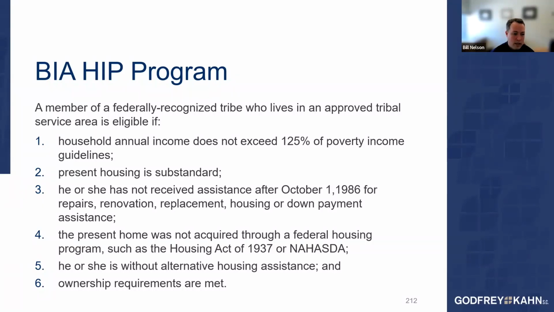He or she has not received assistance after a specific date for repairs, renovation, replacement housing, or down payment assistance. The present home was not acquired through a previous housing initiative program, and you're without any alternative housing assistance, and the ownership requirements are met.